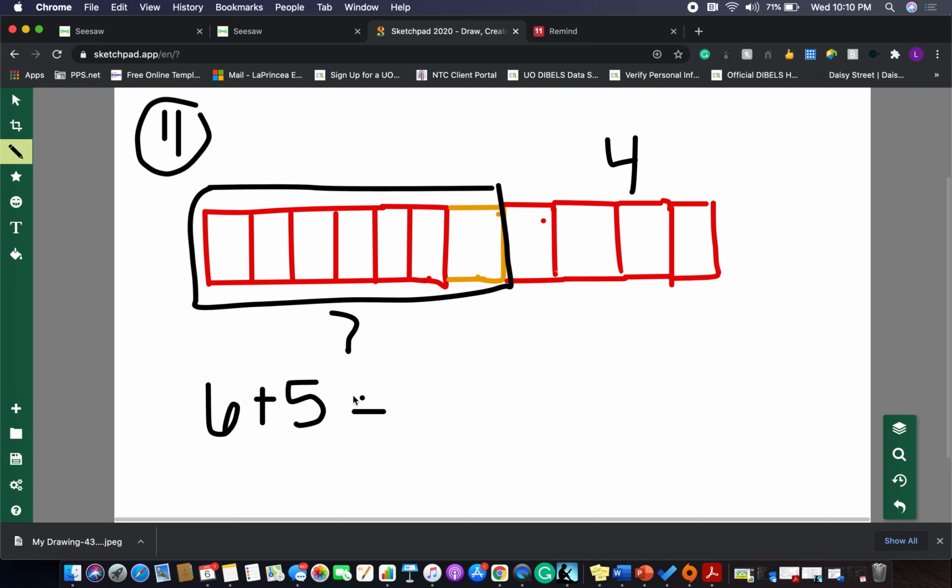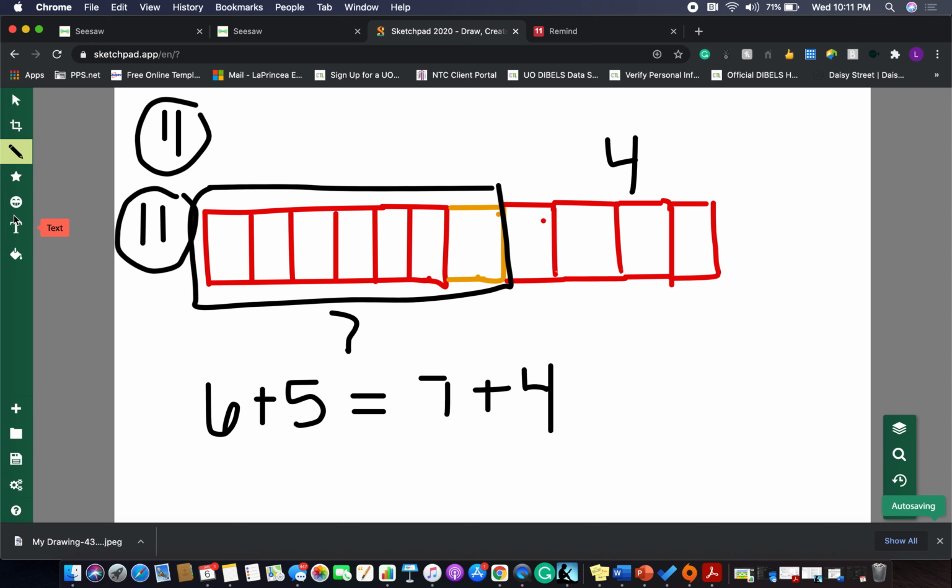An addition equation for that could be 7 plus 4. Ask yourself, 6 plus 5 is equal to 7 plus 4. Why is that sentence true? I hope that you're saying to yourself that this is true because they both equal the number 11.